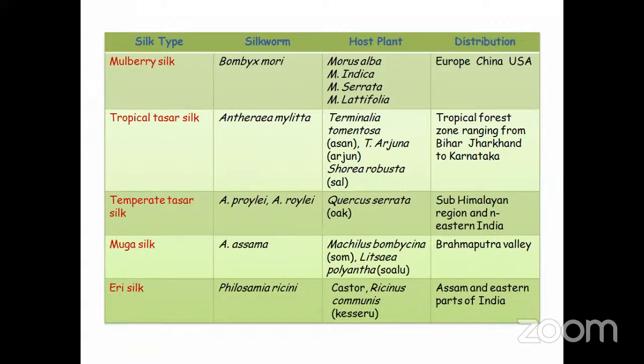And lastly, the Eri silk, which is obtained from the Eri silkworm, that is Philosamia ricini. For rearing the Eri silkworm, we require the host plant castor, Ricinus communis, that is Kesari, and it is mostly distributed in Assam and northeastern parts of India.